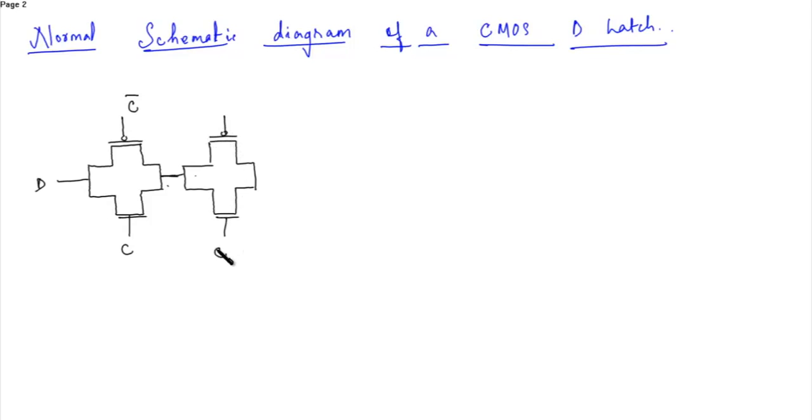Here it was C bar and here C. The output was Q. This was X. Now over here there was another inverter and another inverter, so we can draw them over here also.